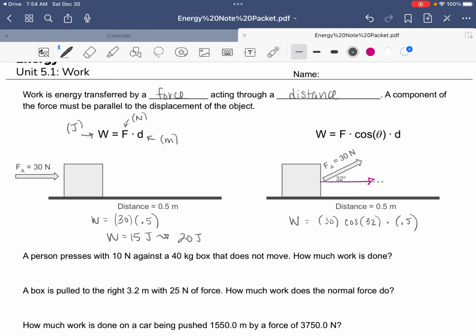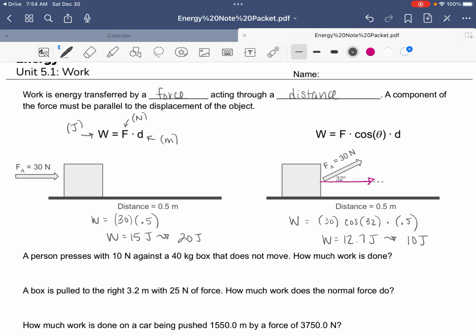If I put that in my calculator, 30 times cosine of 32 times 0.5, I got work of 12.7 joules, but again, we're going to include 1 sig fig, so 10 joules of work done. Notice that the force that's doing work is actually doing less work because the entire force is not directly parallel to the displacement of the object.